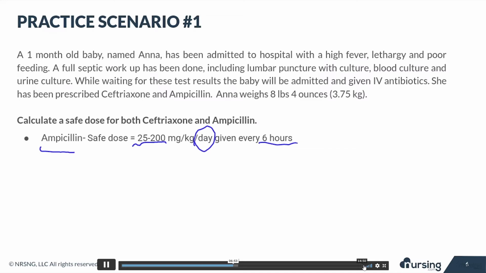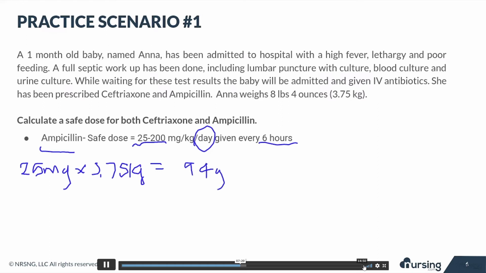So we're going to have a couple of calculations that we need to do. The first thing we need to do is calculate how many milligrams we would give if we were giving the lower dose. So 25 milligrams times 3.75, which is our patient's weight, and that is going to give us 93.75 milligrams, which rounds up to 94.